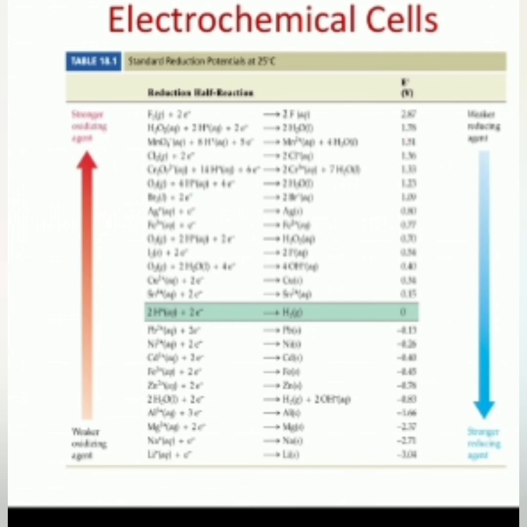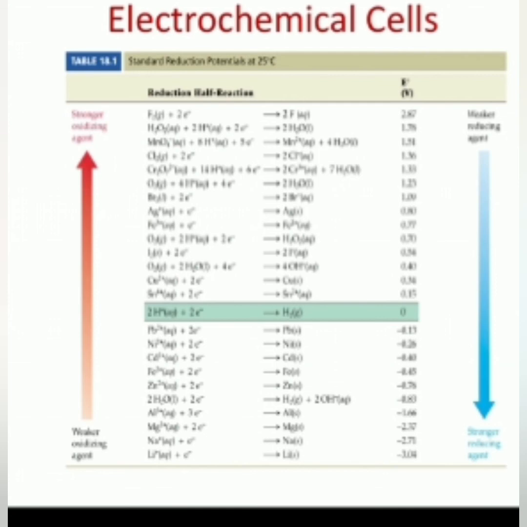So we can remember it for important elements or ions. For example, Zn2+, the value is minus 0.76 volt. Fe2+, the value is minus 0.45 volt, and hydrogen H+, the value is 0.0 volt, as we have already discussed.